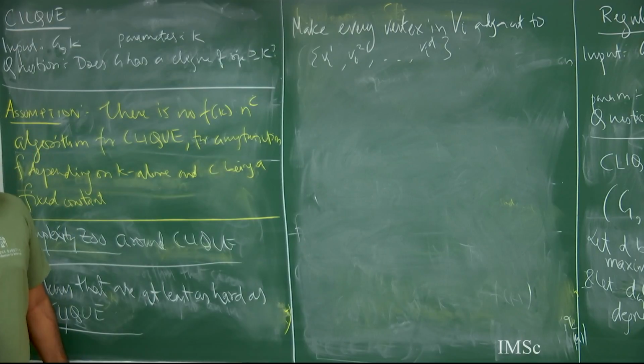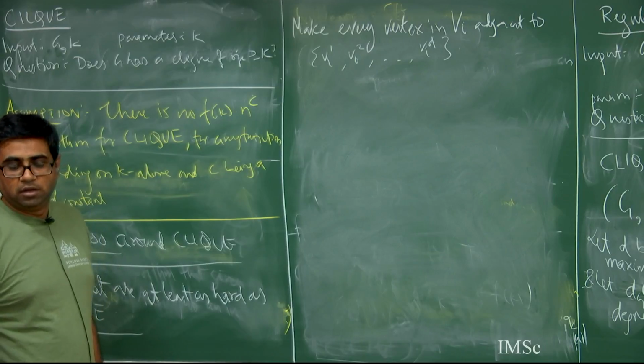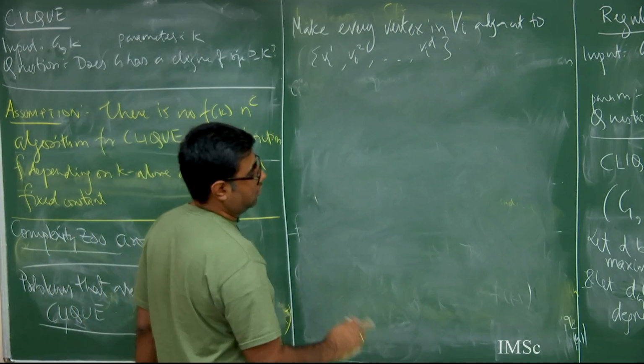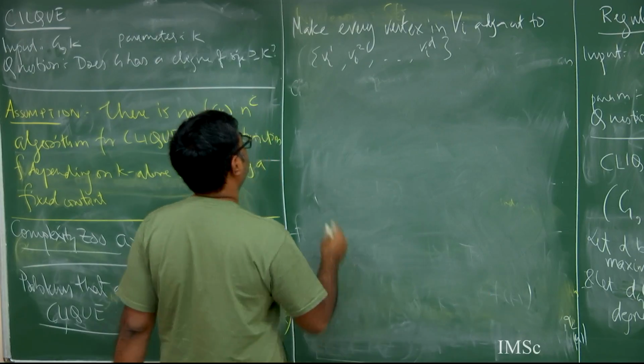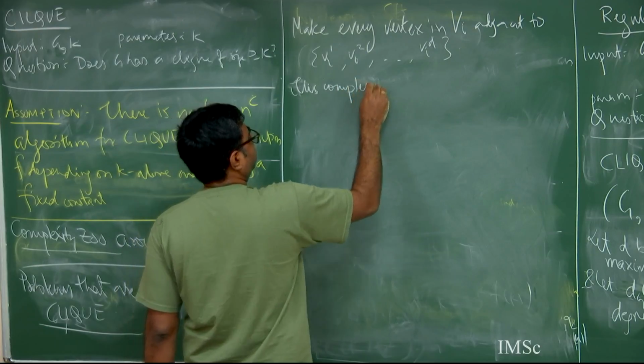Basically make every vertex in V_i adjacent to every one of its copies. This completes the construction of G star.